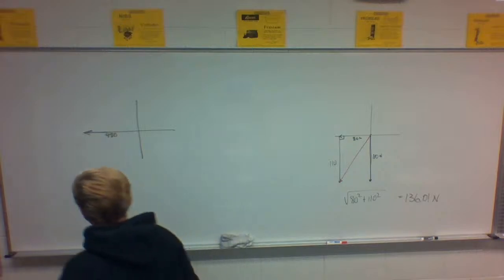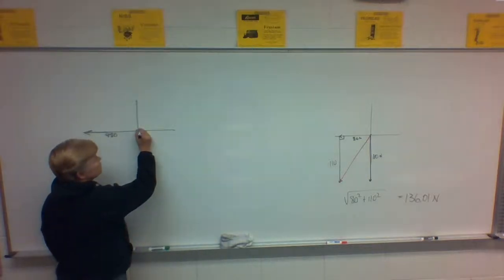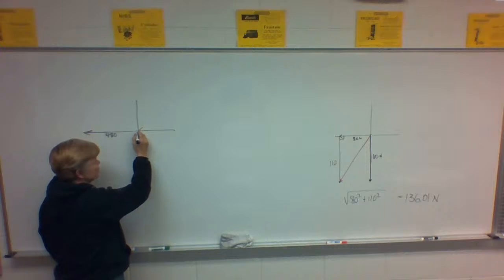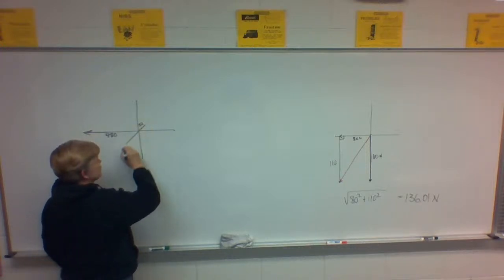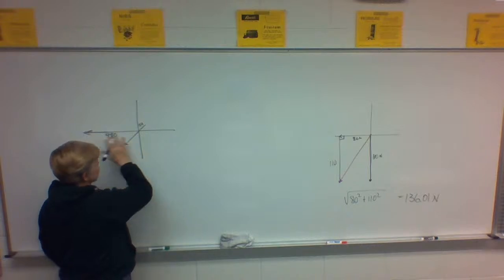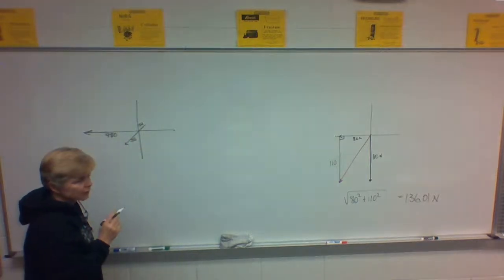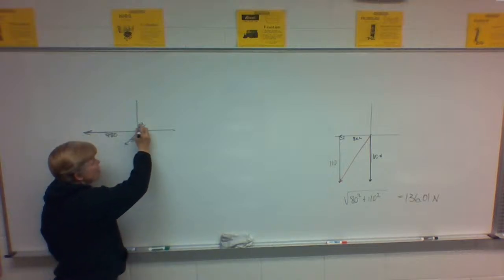Where's 52 degrees? About right there, right? And the wind is blowing from that direction. So this is 52, that's the information you get. And the length of this, obviously not drawn to scale, is 55 miles an hour. That's the length of the vector, but it's coming from an angle made bearing-wise of 52 degrees.